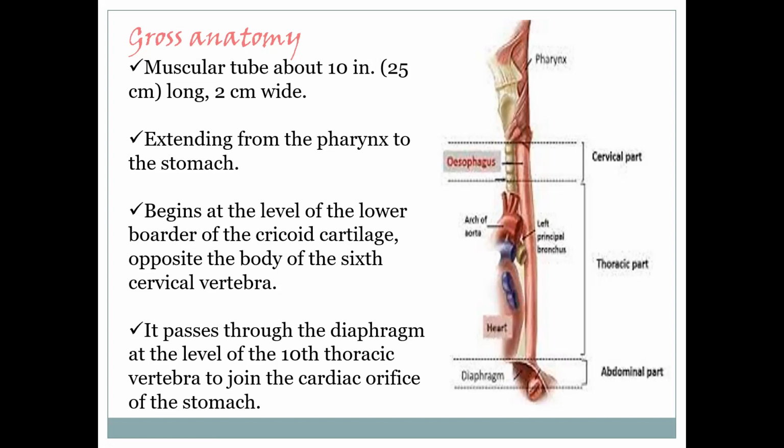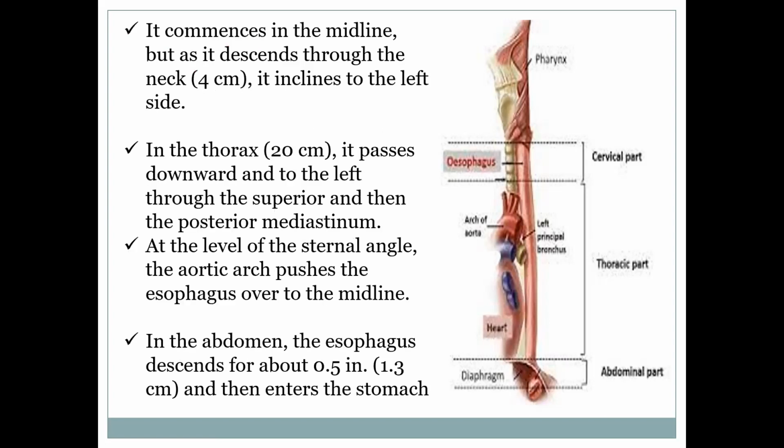After the beginning, it passes through the mediastinum in the thorax, and then it passes through the diaphragm at the level of the 10th thoracic vertebra. Then it joins the cardiac orifice of the stomach.